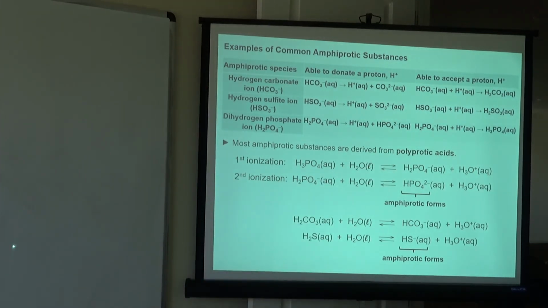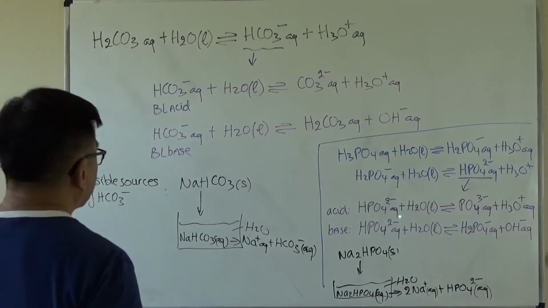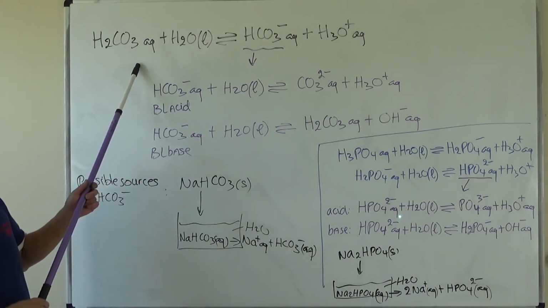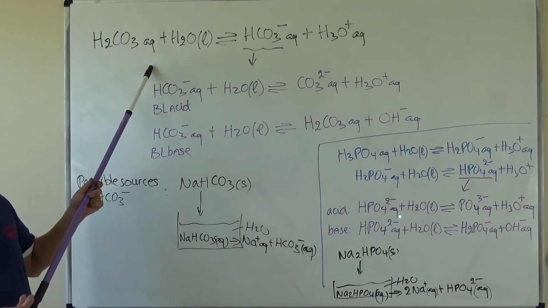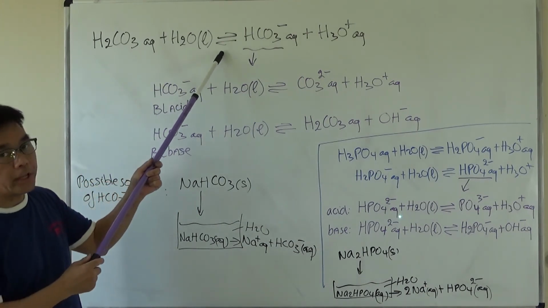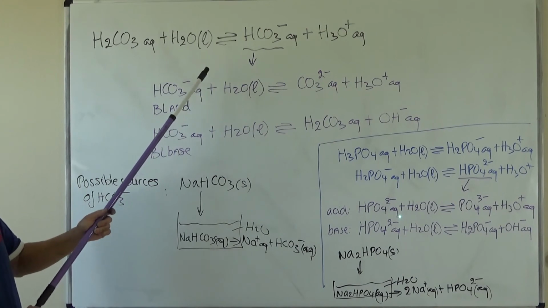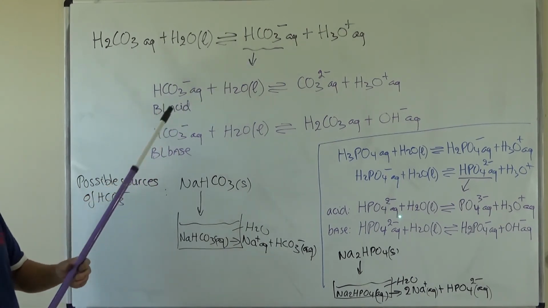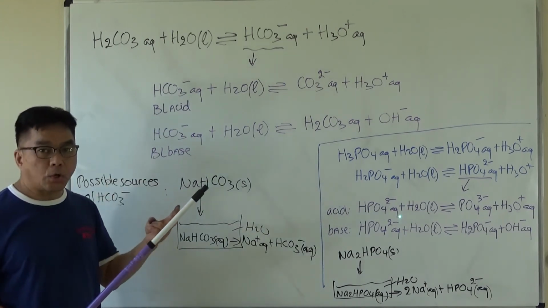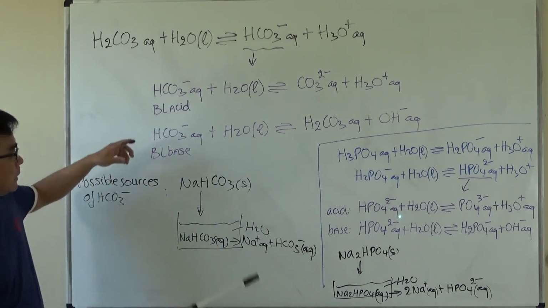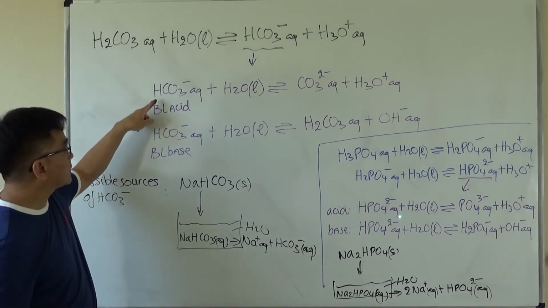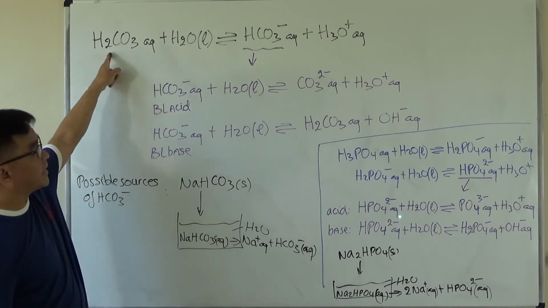Let me put some of the material on the whiteboard. So here's carbonic acid. Carbonic acid is a weak acid, so the dissociation reaction is written with a two-way arrow, and it produces hydrogen carbonate. Now, hydrogen carbonate can undergo two reactions. One is that it acts as a Bronsted-Lowry acid by donating the second hydrogen ion, because this is a diprotic acid.